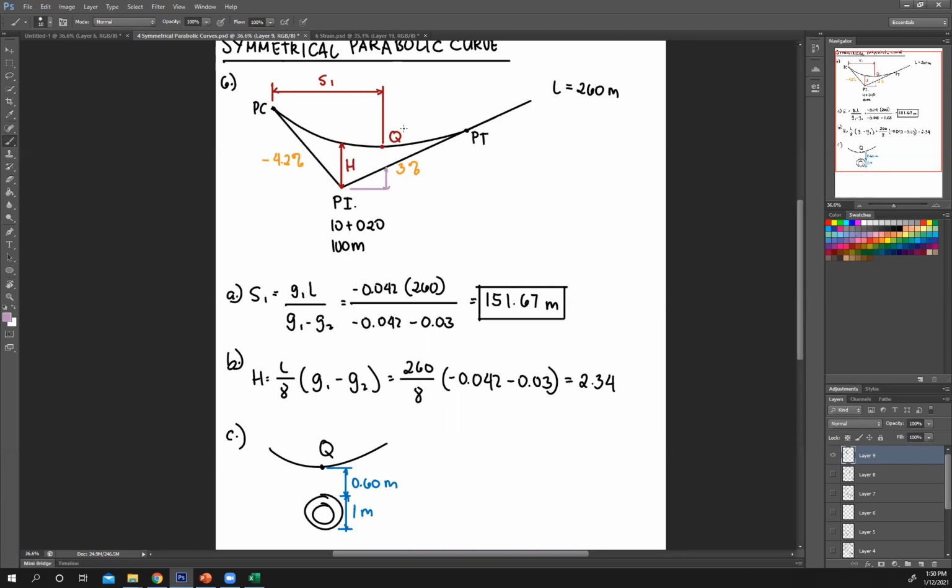Usually when we get elevation, we base it off what we know, or what's given.